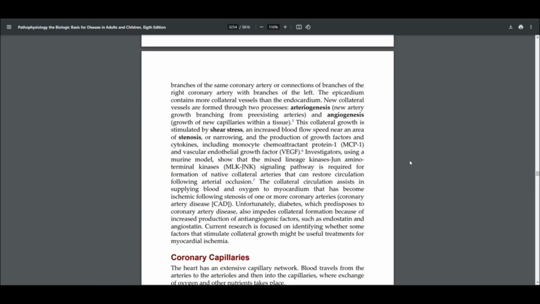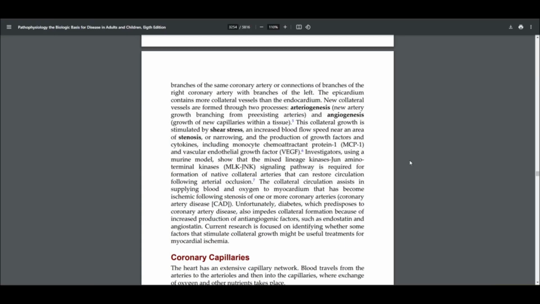Unfortunately, diabetes, which predisposes to coronary artery disease, also impedes collateral formation. Because of the increased production of anti-angiogenic factors, such as endostatin and angiostatin, current research is focused on identifying whether some factors that stimulate collateral growth might be a useful treatment for myocardial ischemia.